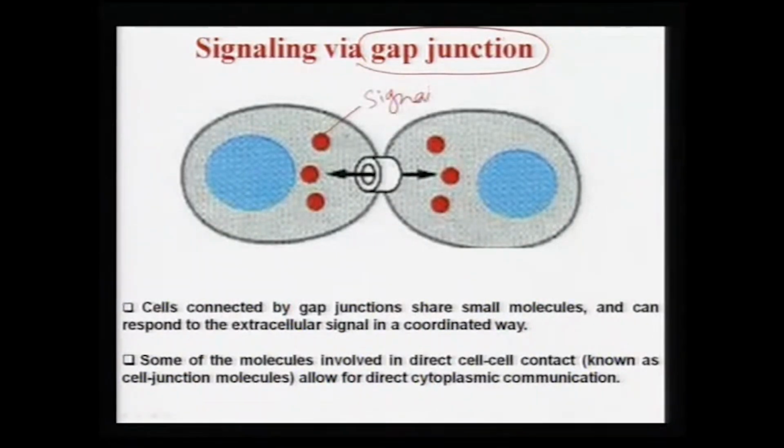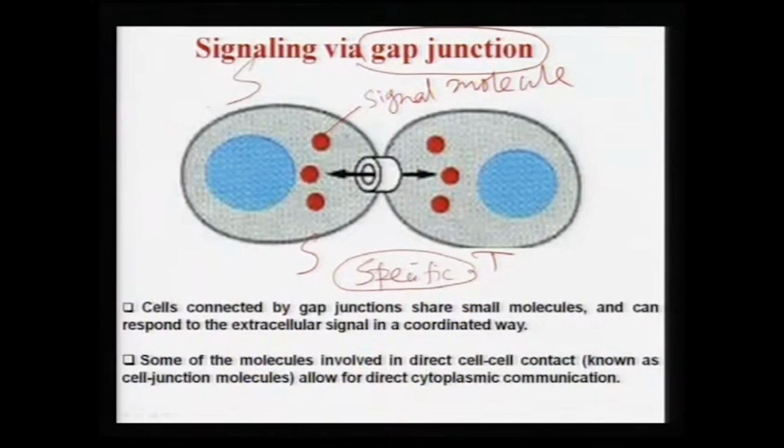These signal molecules can go from source to target. This is highly specific in nature. Why? Because if this is the source and this is the target, the source cell exactly knows this is the target cell where the signaling molecules will directly pass through. And these junctions are known as gap junctions.